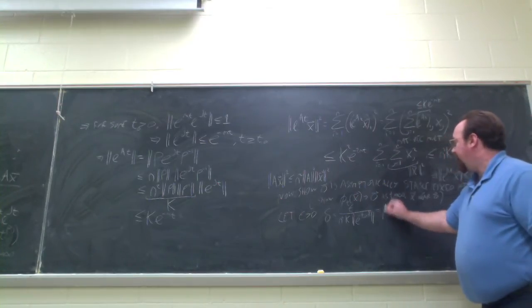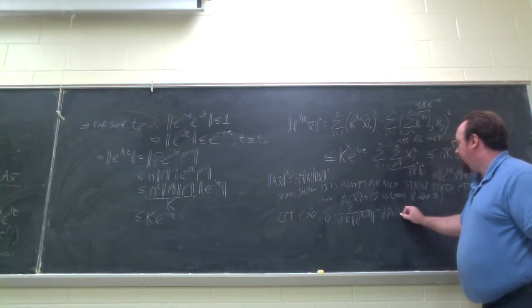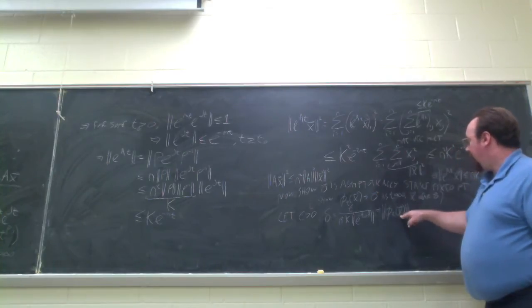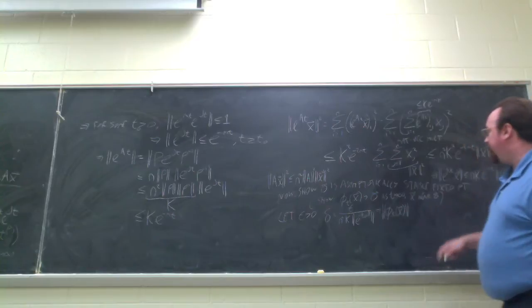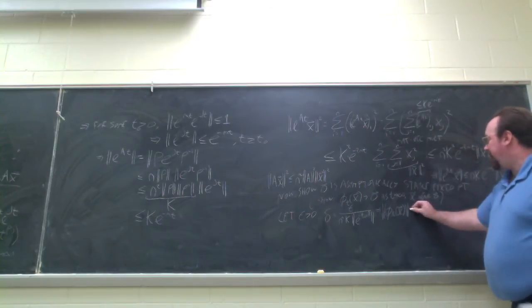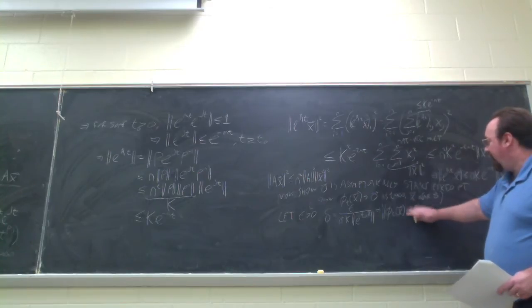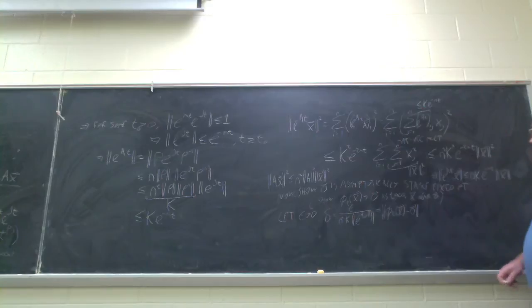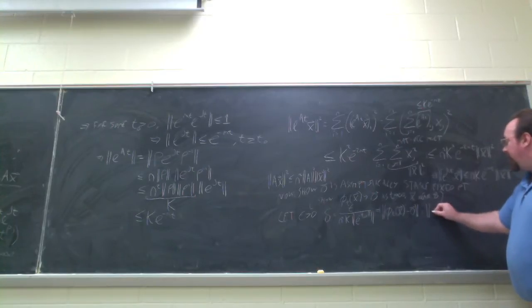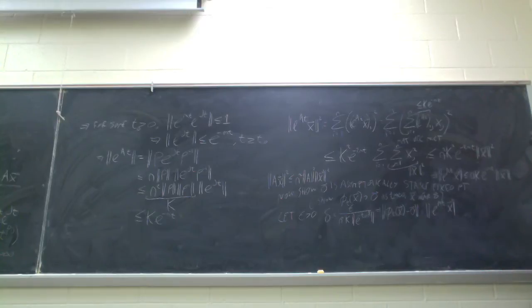I'm going to look at the flow to x at time t, but since it's just a linear system, really I'm looking at the difference between this and 0. But that's just going to be the norm of e to the At times x.